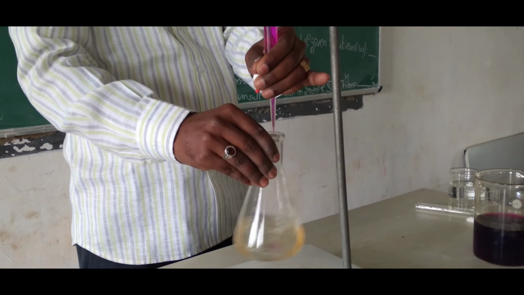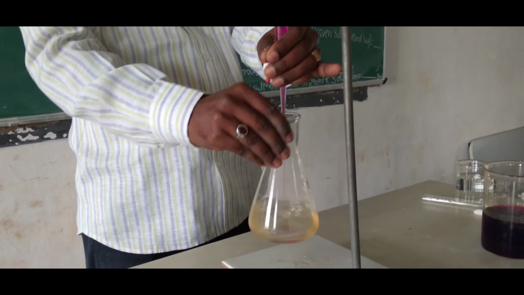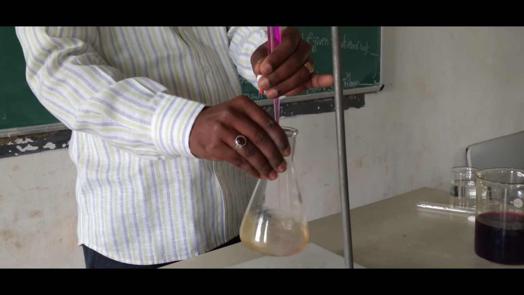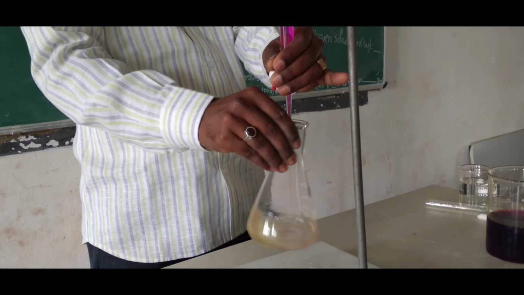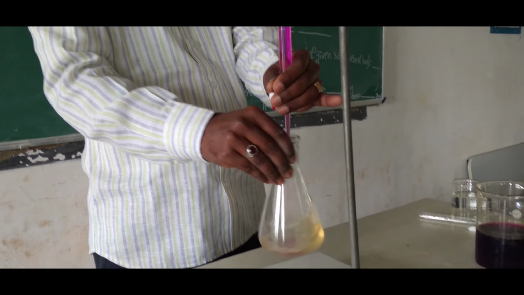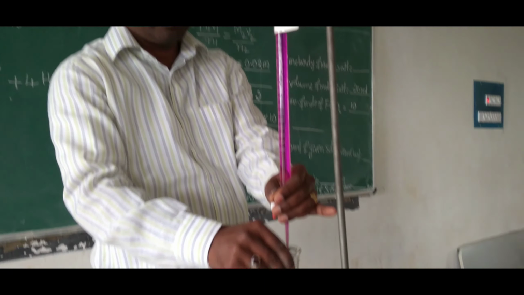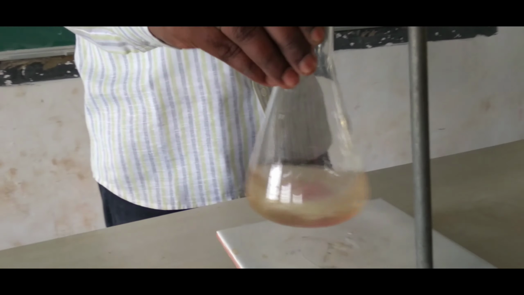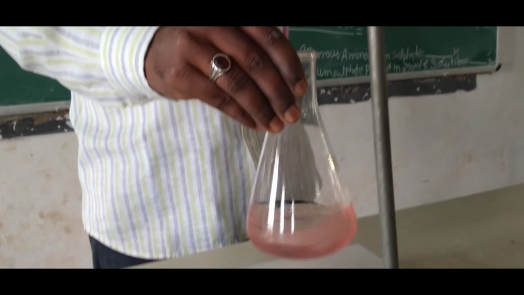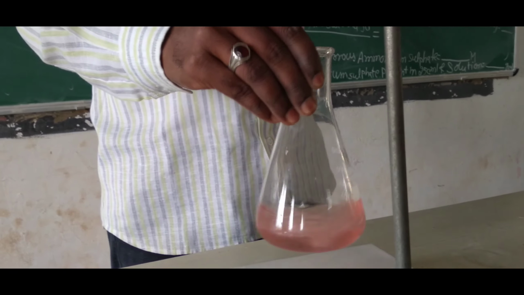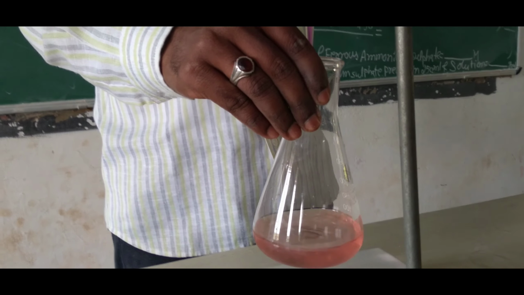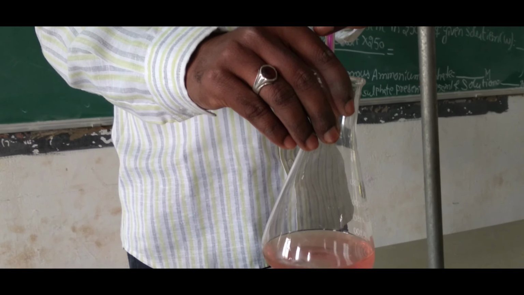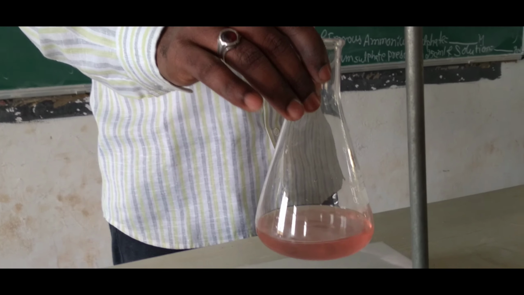Why are we adding sulfuric acid? In order to initiate the chemical reaction. KMnO4 here acts as an oxidizing agent. You observe here, when the KMnO4 reaches the solution, it changes to a pink color. Now we have to notice this change of color. That means a pink color. This is the end point.